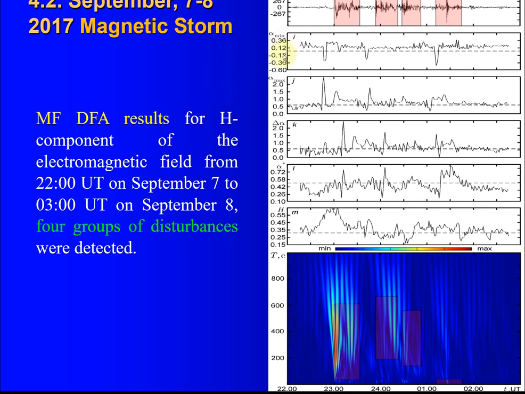This is a result of multifractal detrended fluctuation analysis. With red squares, we mark the disturbances in this signal, four disturbances. On the wavelet time-frequency plane, we can see time-frequency portraits of these disturbances: first, second, third, and fourth. And these are the multifractal characteristics with time of these variations.